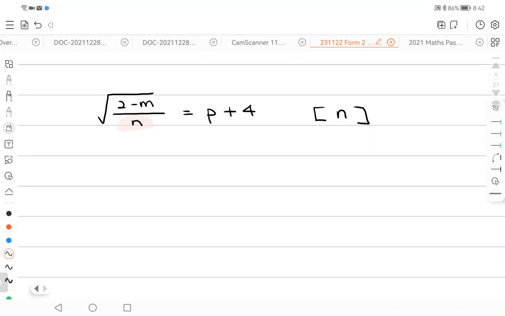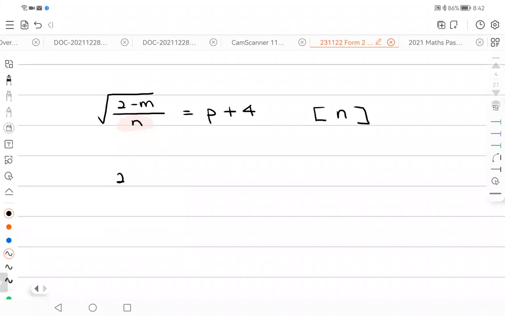When you insert a square on the right side, now you look at the right side, there is a group equal to p plus 4. p plus 4 is a group. So if you want to switch the square root over, you have to insert what? The bracket.